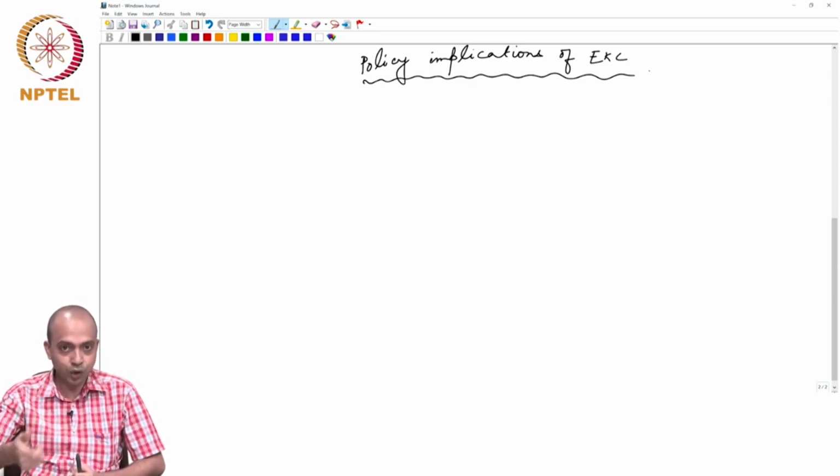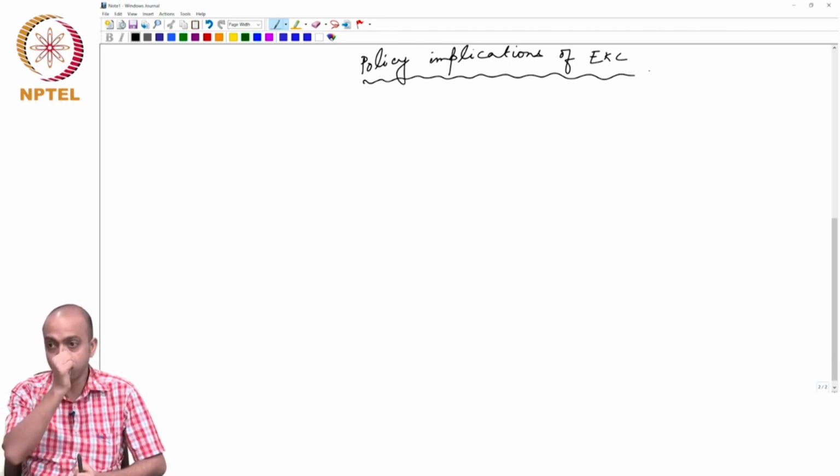And in that context, the validity of the EKC hypothesis is becoming more and more important. That is the reason we need to now understand the policy implications of the environmental Kuznets curve hypothesis.